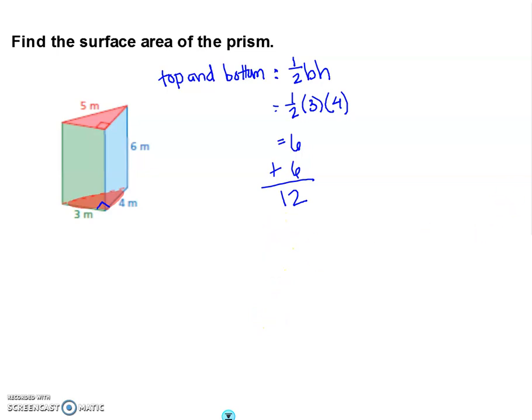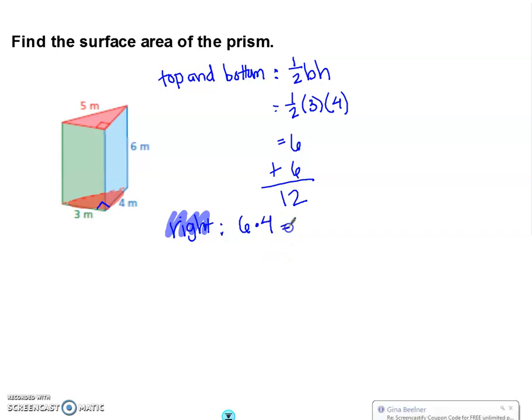Now let's take care of this blue side. We've got this blue part over here. It's kind of on the right-hand side if I'm looking at it. And it's colored blue in the picture. It's a rectangle. Its dimensions are 6 by 4.